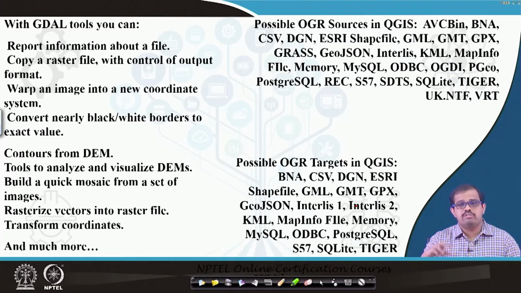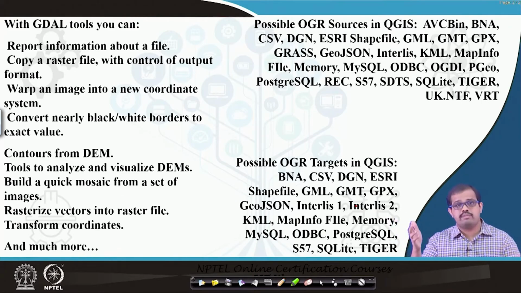GDAL can do everything on the planet for a raster module. It can report information about a file, copy a raster file with control of the output format, and warp an image into a new coordinate system. Okay, we have seen this, as Mr. Chandan spoke about how a new coordinate system can be transformed. It can also convert nearly black or white borders to exact values.